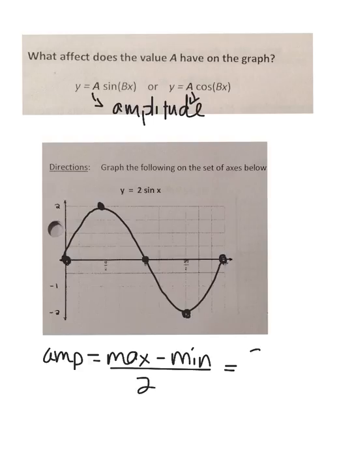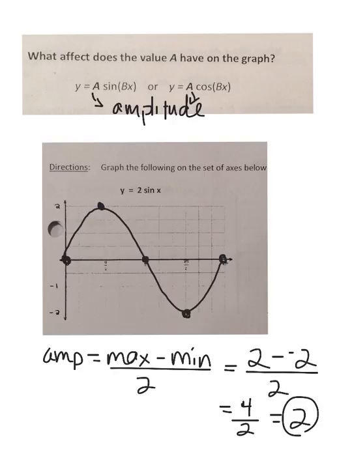My maximum is 2, my minimum is -2, and I'm dividing by 2. So in the numerator there, I'm going to get 4 over 2, which is 2, and there's my amplitude. Okay, which matches that 2 in front of the word sine.